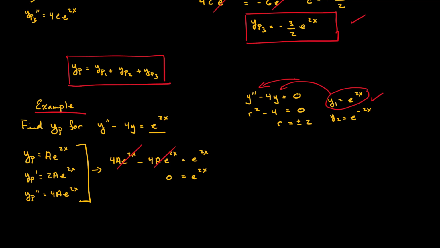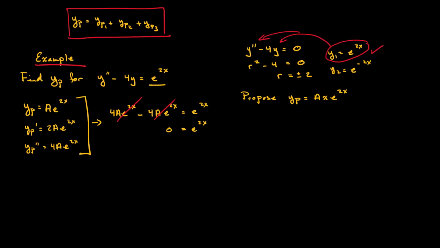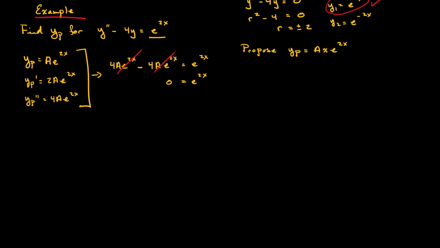That is, what we should do is propose that yp is equal to ax e to the 2x. And this, in principle, should take care of the problem that we just encountered.